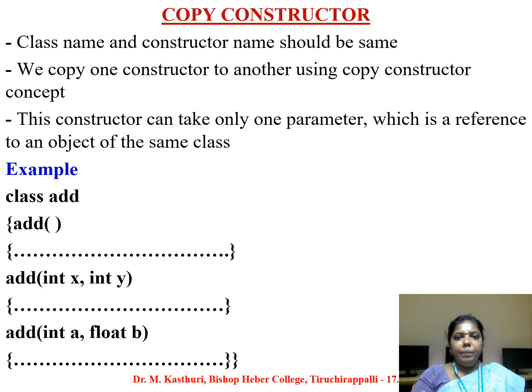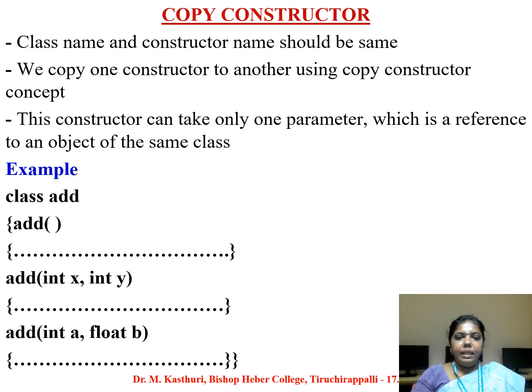Next concept is copy constructor. Copy constructor means the class name, and here we need to create a class, and the constructor name should be the same. We copy one constructor's content to another constructor using the copy constructor concept.